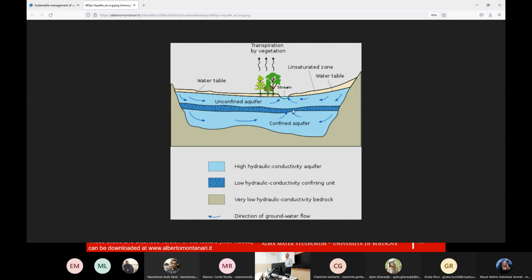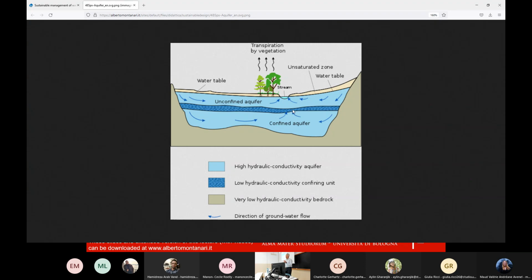Yeah? In some article, I read that if upper layer permeability is lower than 10% of down layer, the upper layer is the unconfined aquifer. Is it true or not about the 10%? I mean, it depends. It depends on the context.